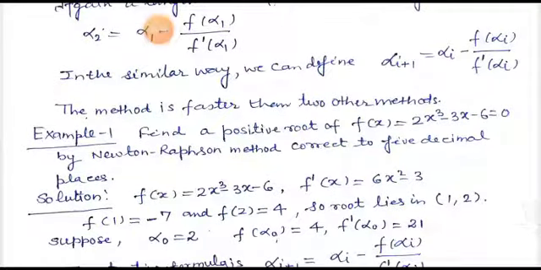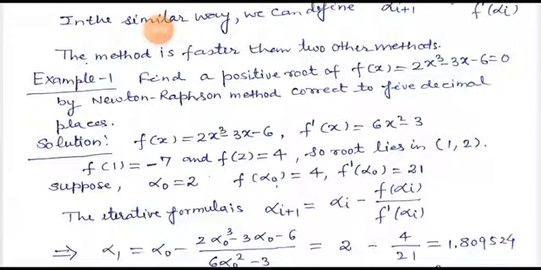An example is given here. Find the positive root of f(x) is equal to 2x cube minus 3x minus 6 is equal to 0 by the Newton-Raphson method, correct to 5 decimal places. After differentiation, f dash(x) will be 6x square minus 3.